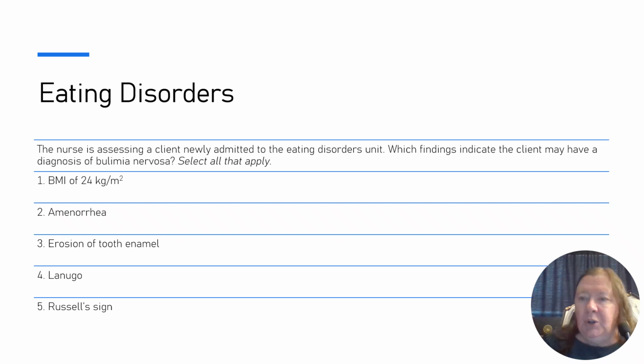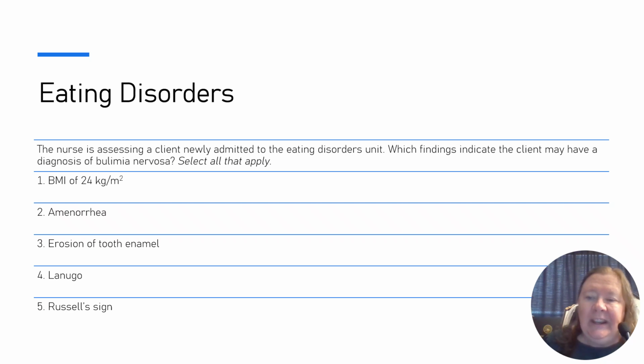Number 1, the normal BMI of 24. Number 3, erosion of tooth enamel. The gastric acid in the vomitus contributes to the erosion of tooth enamel among individuals with bulimia. And number 5 is also correct, Russell sign.